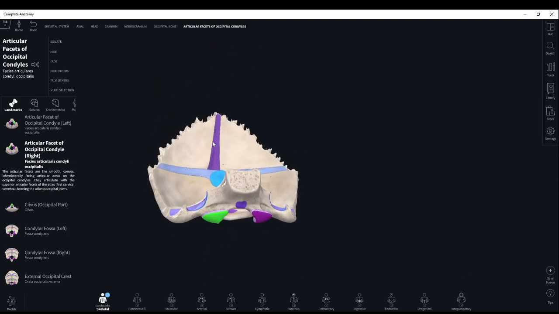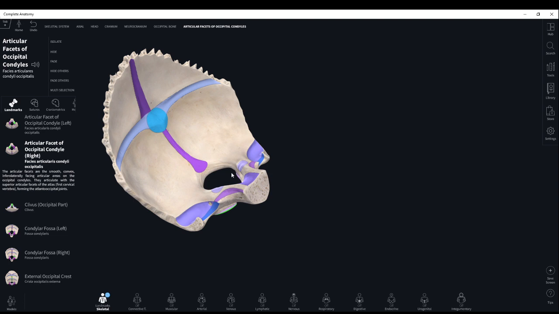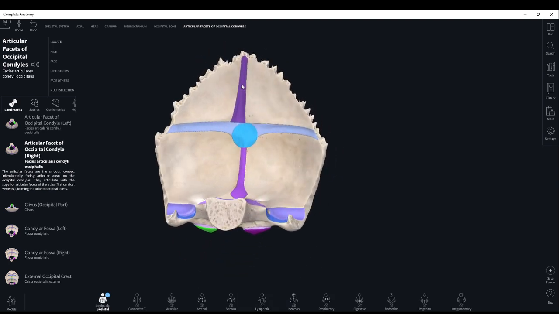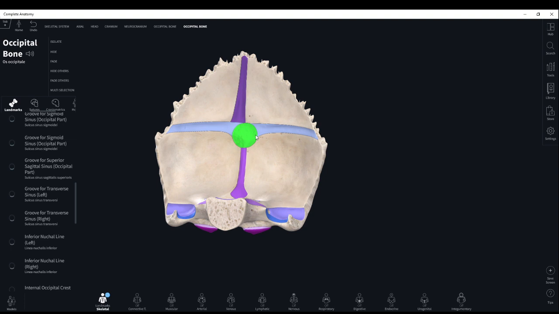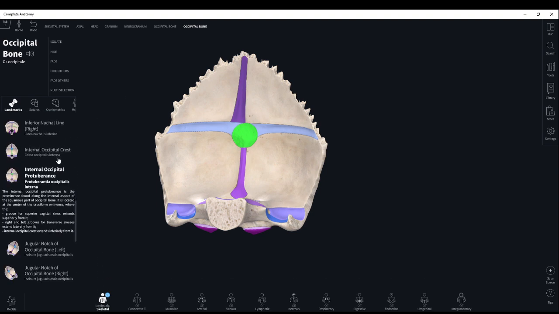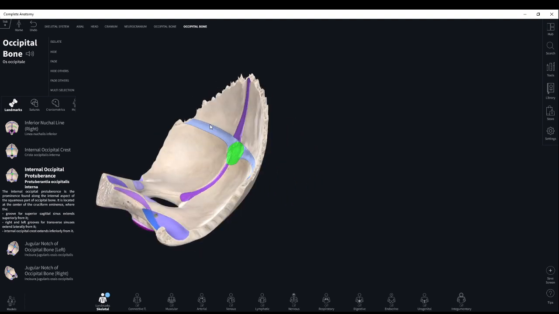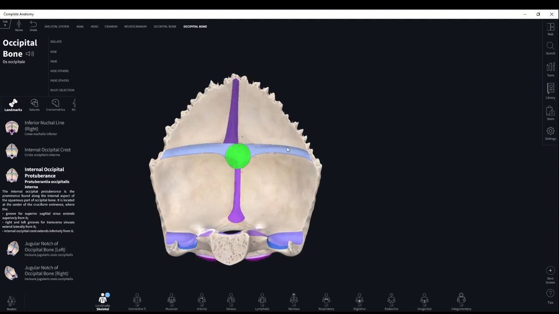On the internal surface of the squamous part, you can see the cruciate eminence on the midline. It is the internal protuberance of the occipital bone, which forms the eminentia cruciformis, with structures radiating like rays to different sides.